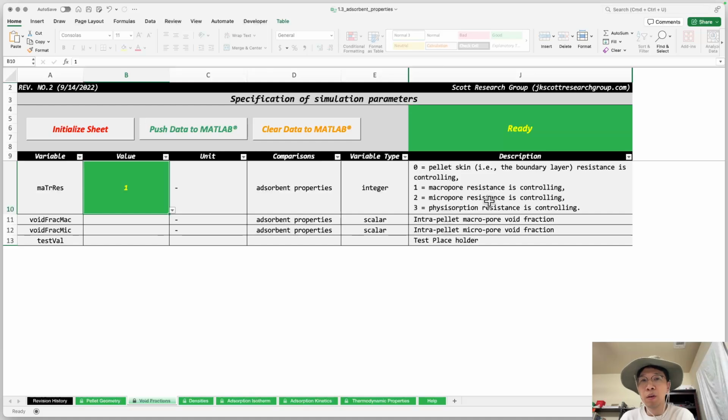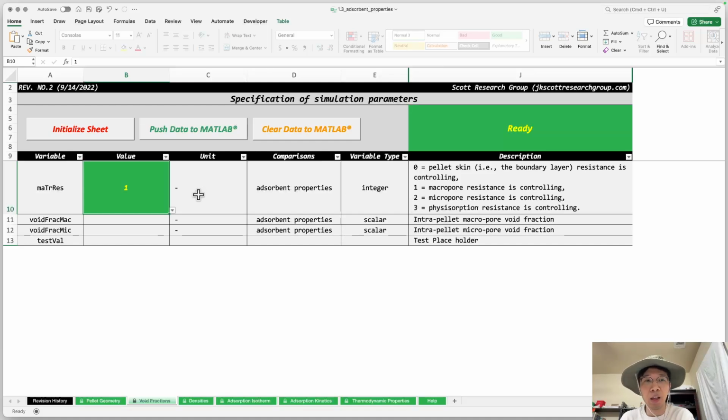If micropore resistance is controlling, and typically in adsorption literature, whenever these gaseous adsorbate molecules make their way into micropores, they're practically considered as part of the adsorb phase. And physisorption resistance is controlling in certain applications as well.